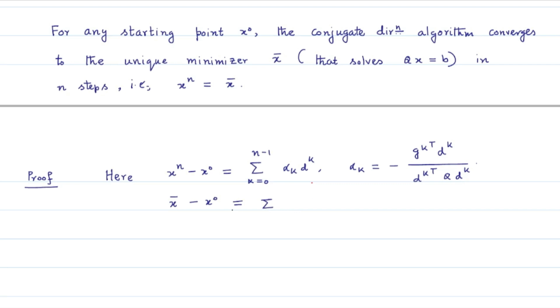So x bar minus x naught can be written as the summation k equal to 0 to n minus 1 of some beta k times dk, for some scalars beta naught, beta 1 till beta n minus 1.